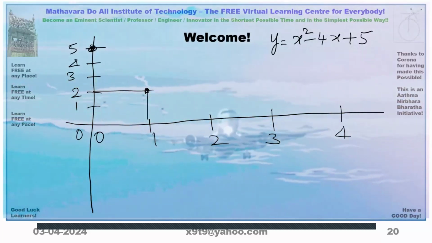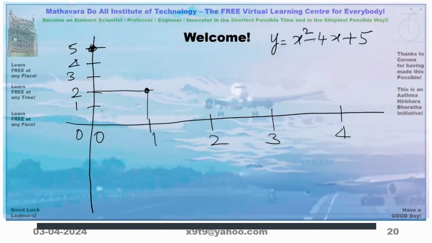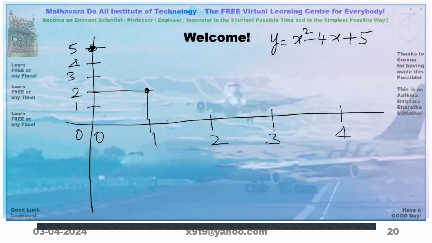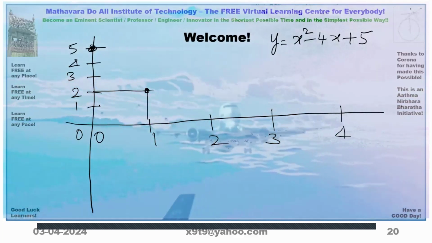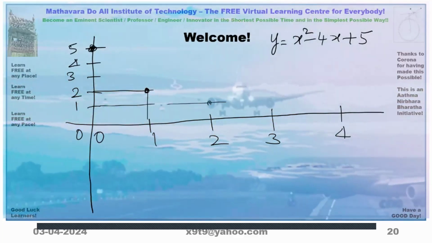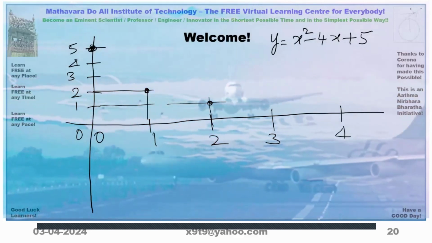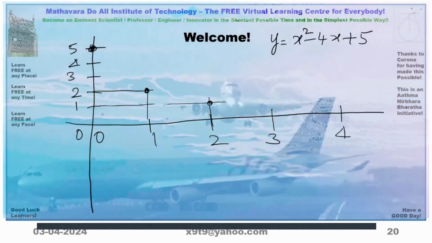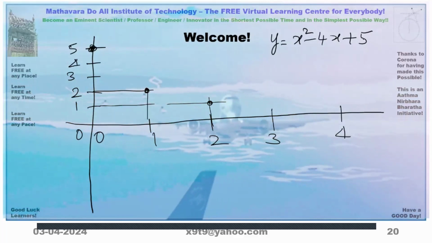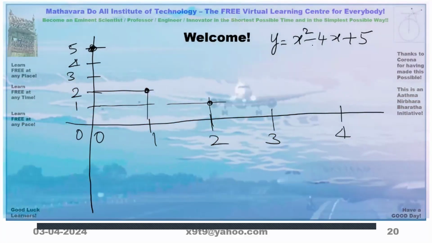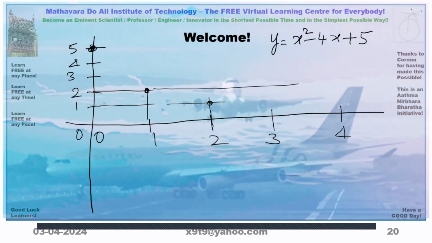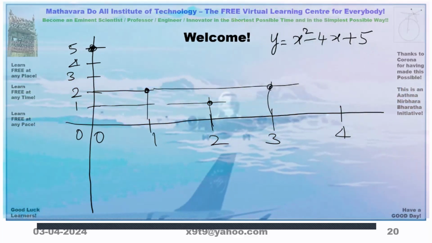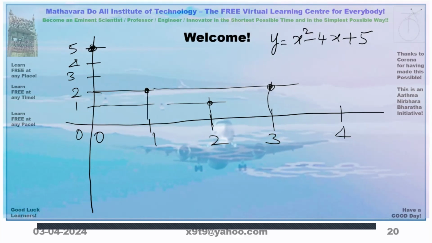When x is 2, 2 square 4 minus 8 plus 5. So how much you will get? 9 minus 8 is 1. So you will get that point there. Then 3 means 3 square 9 plus 5 14 minus 12. That means you will get 2.